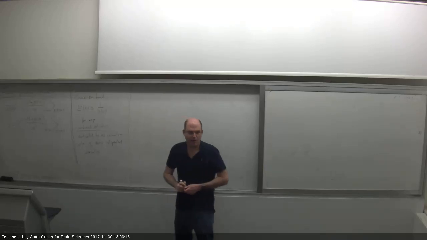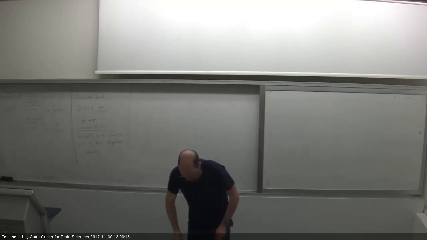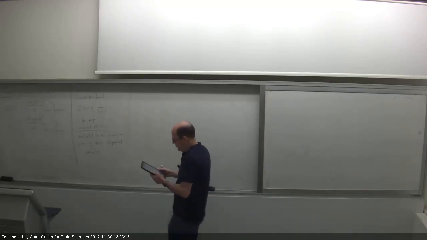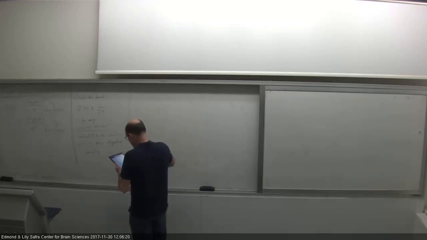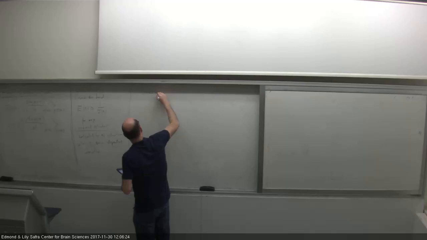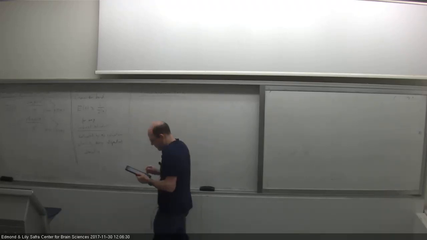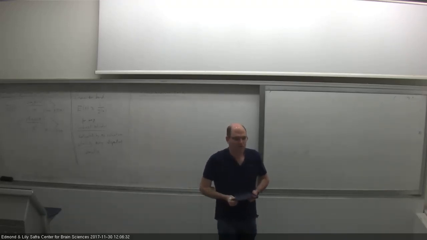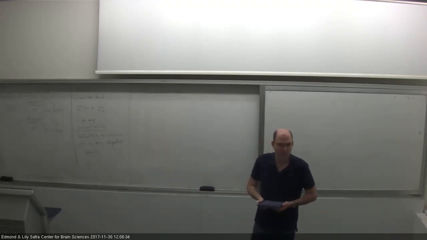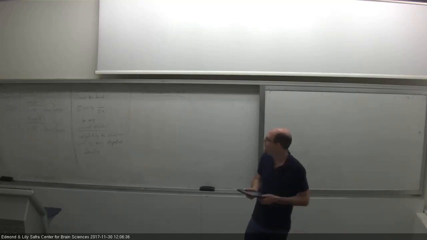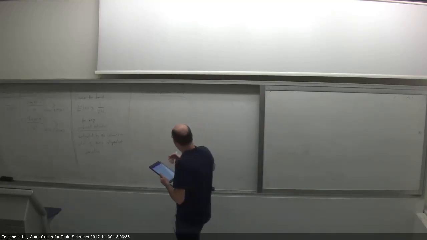Now I want to discuss discriminators. So what we imagine now is that, for simplicity, we will consider a binary discrimination task. We have 2 values of the stimulus.